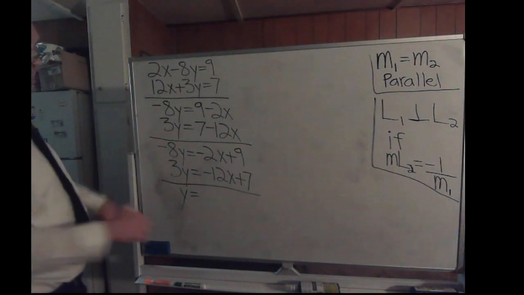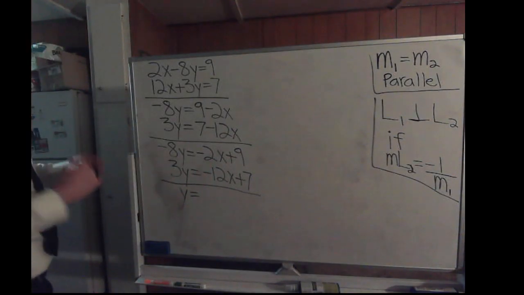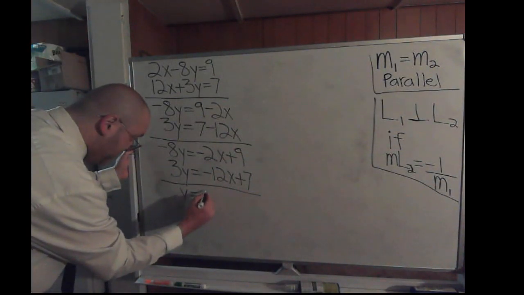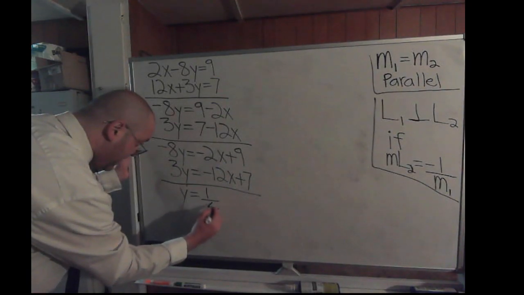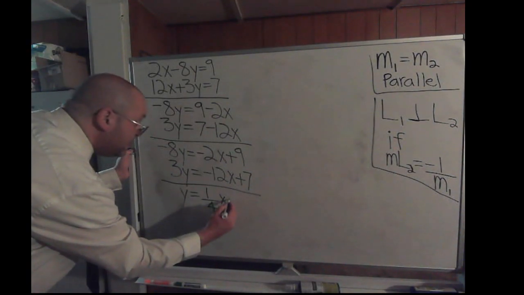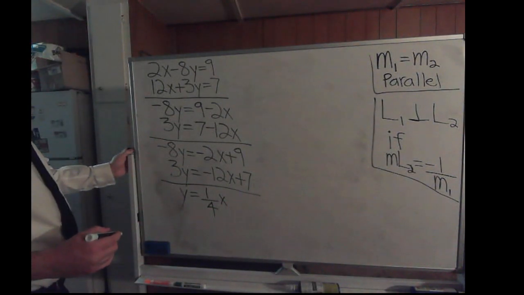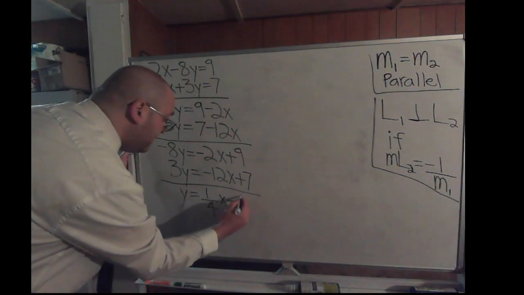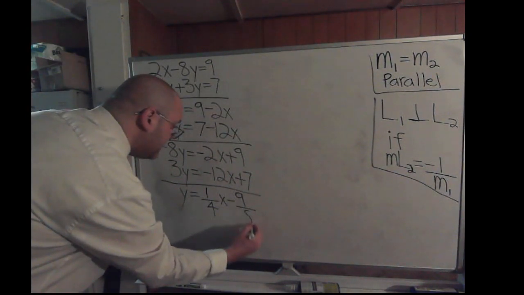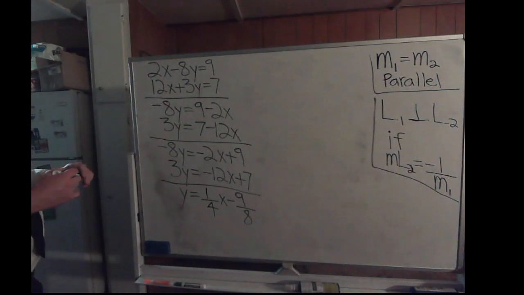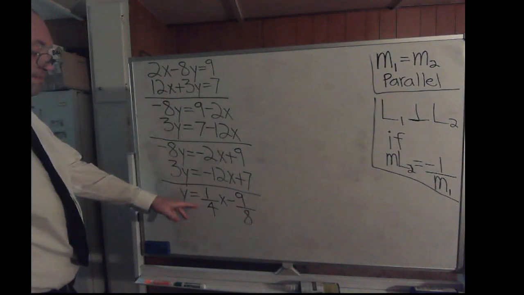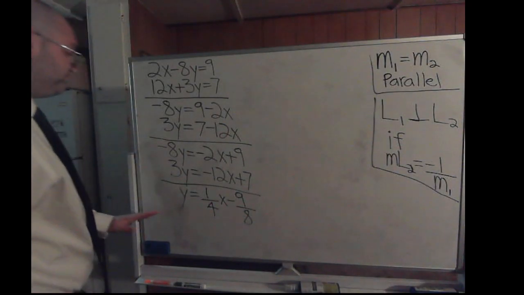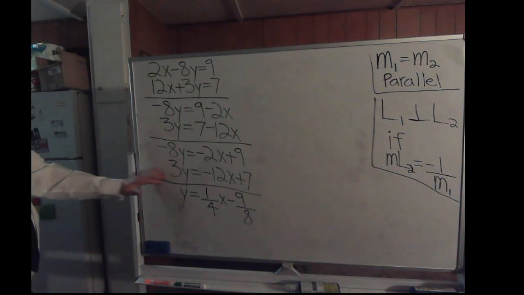Now on the right side, you got to divide negative 2x by negative 8. You would actually get positive 1/4 x. Then you have plus 9 divided by negative 8. That'd be minus 9/8. So for the first equation to get into slope-intercept form, you have y equals 1/4 x minus 9/8.